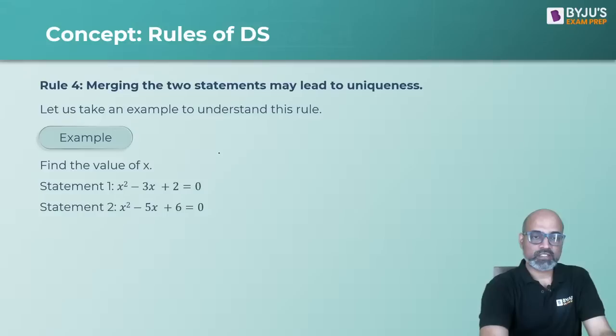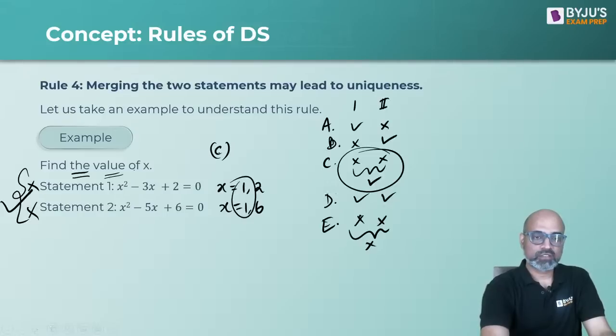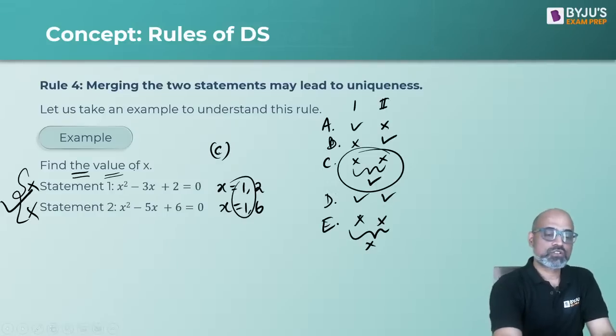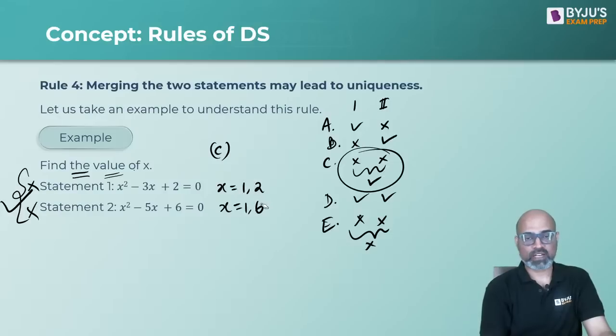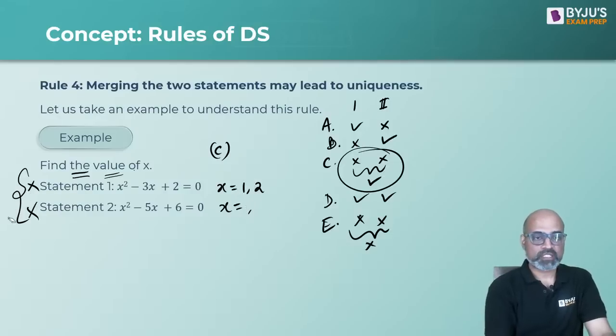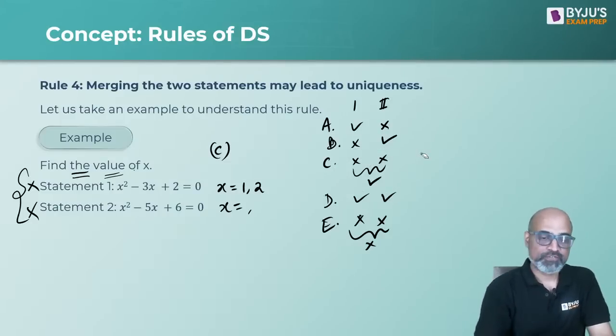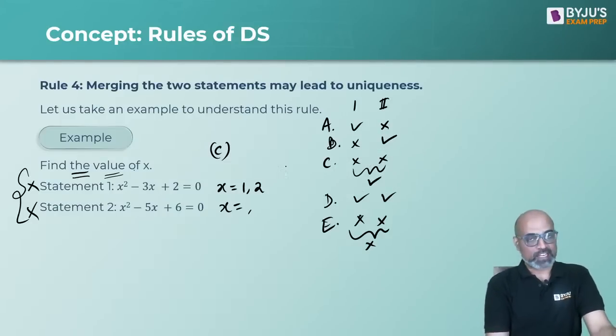2 and 3 are factors. Sorry, my mistake. I factorized it wrong. It's 5x, so my mistake. It's going to be 2 and 3. If it is 2 and 3, how many values will satisfy both of them?